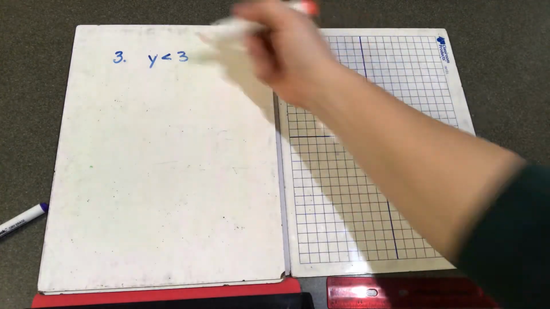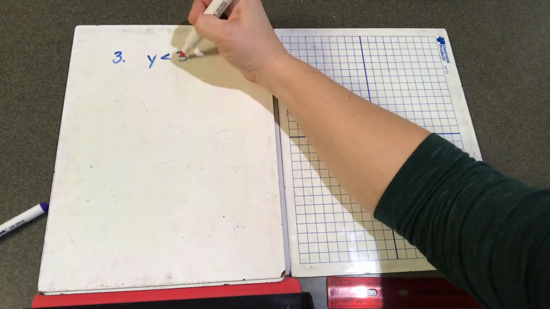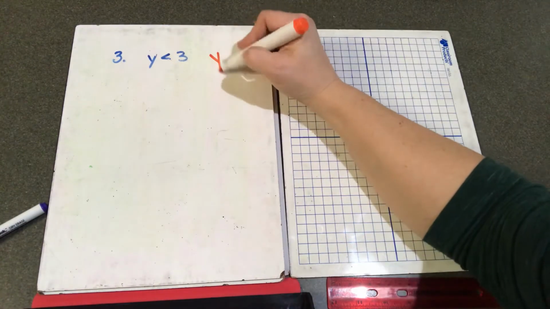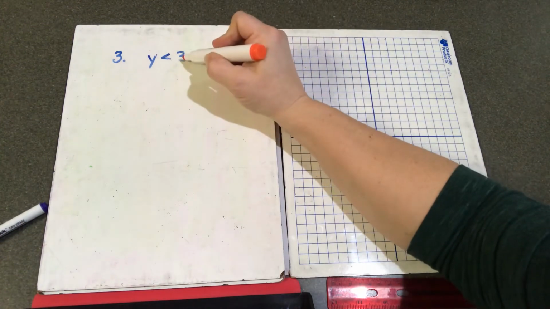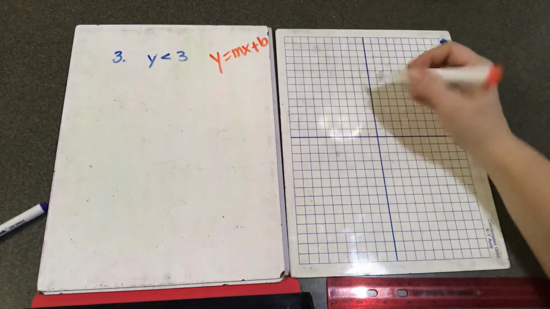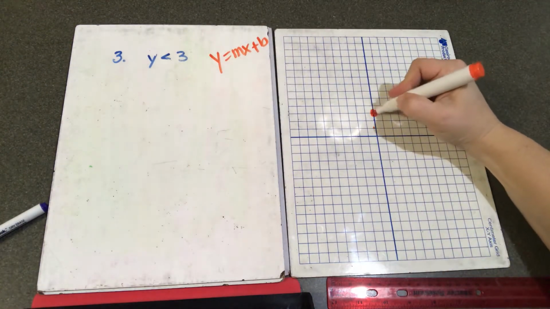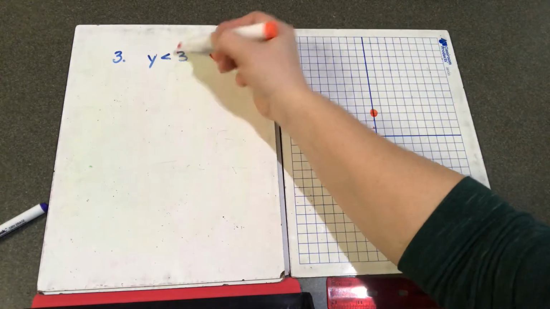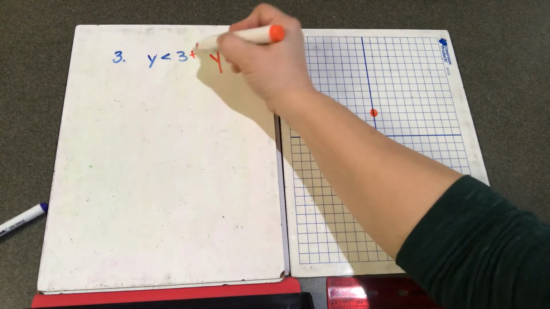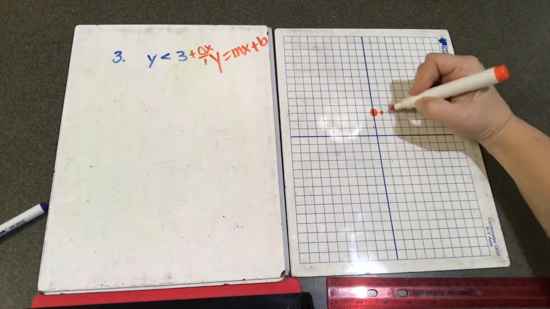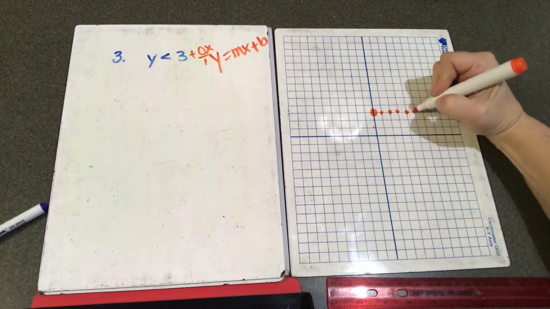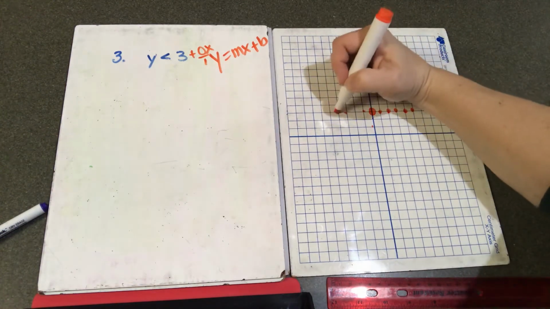So number 3 here, we have y is less than 3. Remember, if we're looking at y equals mx plus b, this would be the b, that is the y-intercept at 3. And we don't have the slope, that means it's a 0. So if I go up 0 and over 1, I get the horizontal line. So y is stuck at 3.